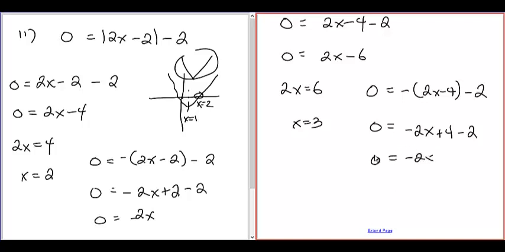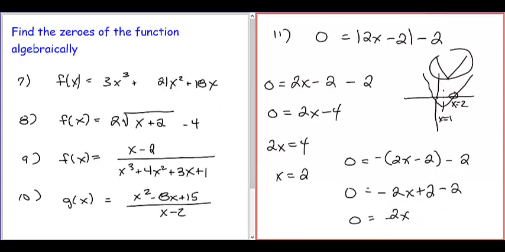There's negative 2x plus 2. 4 minus 2 is 2. Move that to the side, becomes negative 2. Divide by 2, you get x equals 1. Oh, this one's negative. They're both negative, so we're going to divide by negative 2. So you get x equals 1. And you see this is just shifted over 1 unit in the x direction. So that is the right procedure. Okay, that's it.